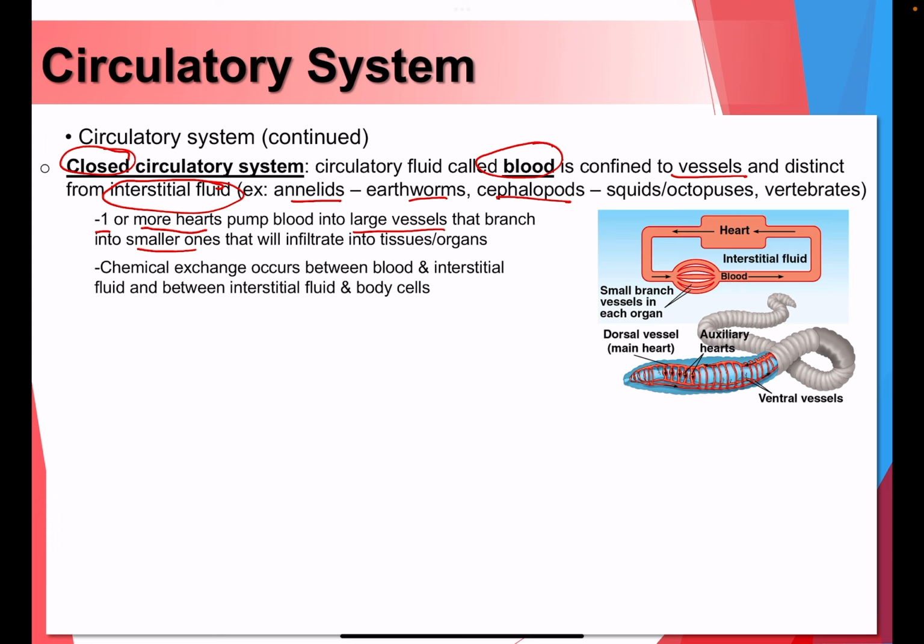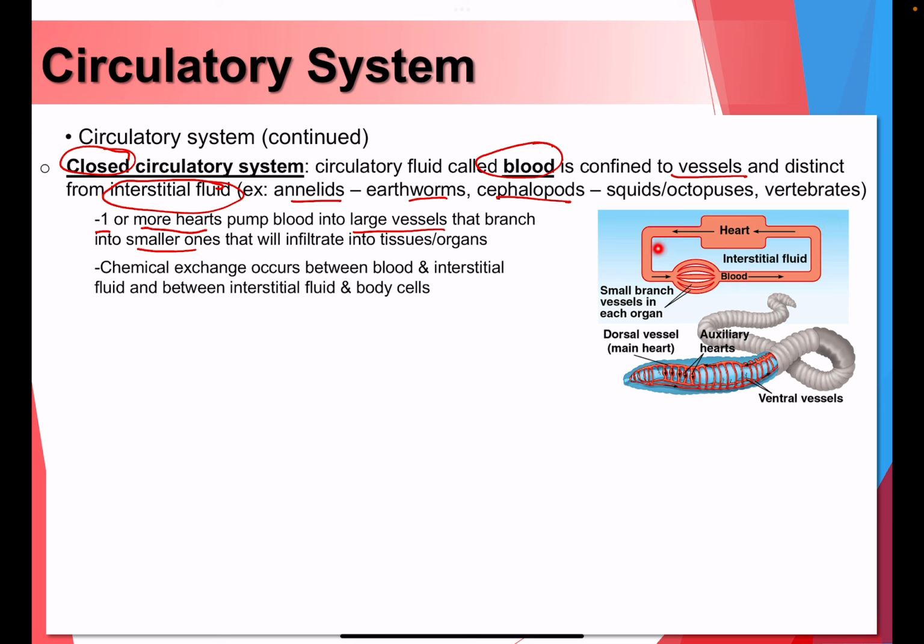The blood is not splashing out into the sinuses. That's internal bleeding, okay? So the blood is just circulating around in the circulatory system. That's why they call it the circulatory system. The blood is just going around and around and around, okay? The blood is not seeping out into the space around the animal's body. So what is around the animal's body is then the interstitial fluid.